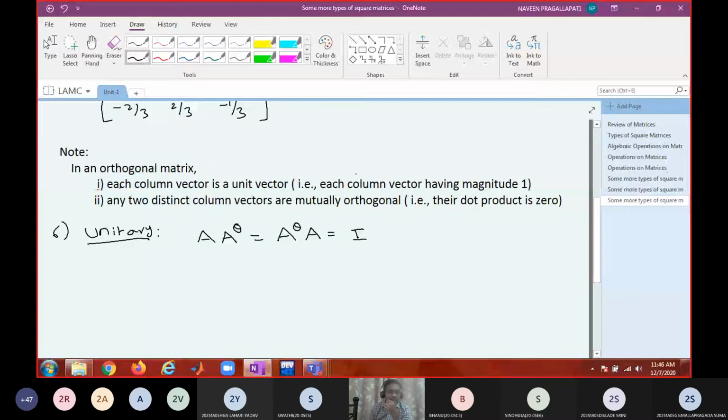Okay, so I'll just write one example. Try to construct some more examples like this. A equal to 1 plus i by 2, minus 1 plus i by 2, minus 1 plus i by 2, next 1 plus i by 2, 1 minus i by 2.